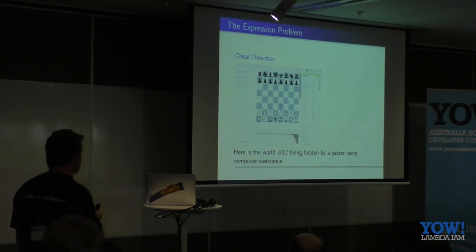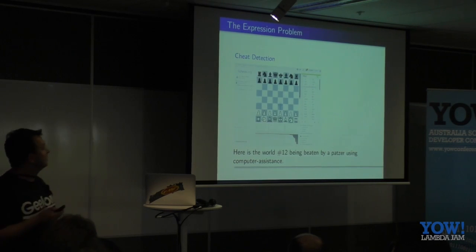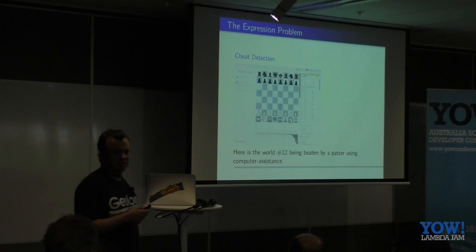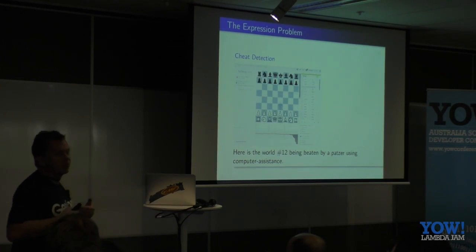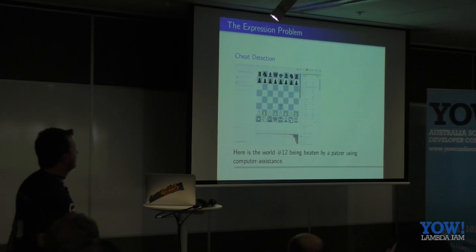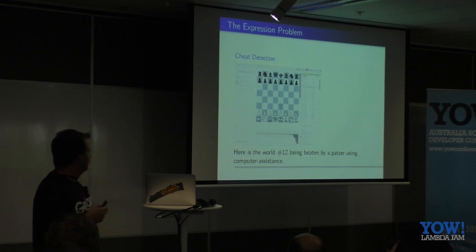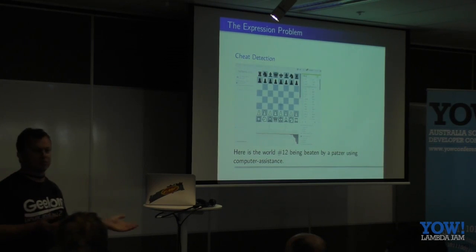So here is the world number 12, this is only a couple of weeks ago, GM Wesley So, an American grandmaster. He goes on to Lichess, and when he does, sort of everyone wakes up and watches. Well, in my case, wake up, because he's in America. So what happened is someone is cheating. Someone is using computer assistance.